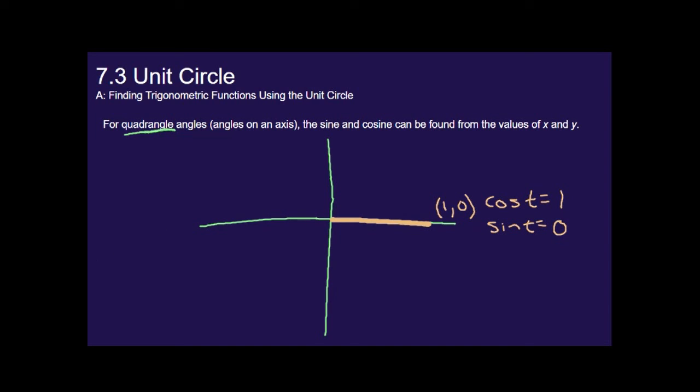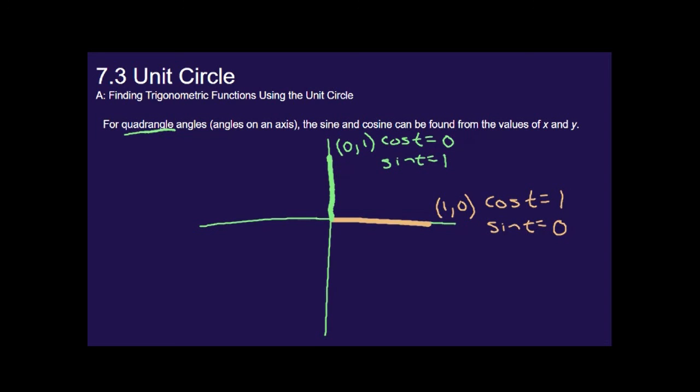Let's take a look at a quadrantal angle on the positive y-axis. So that point would be at (0, 1), which means the cosine of t would be 0, and the sine of t would be 1.